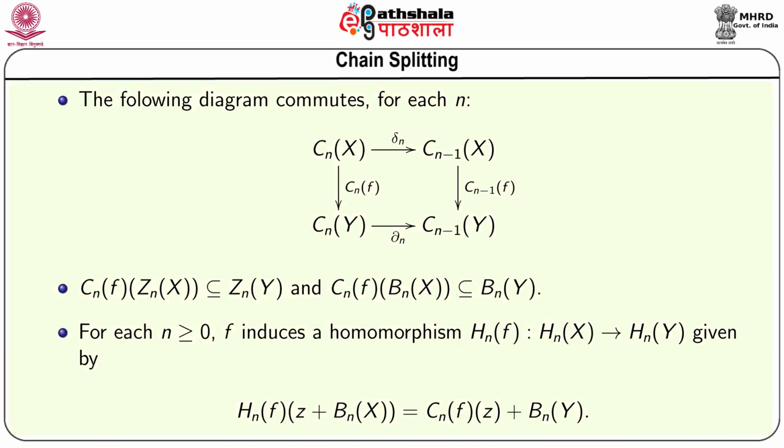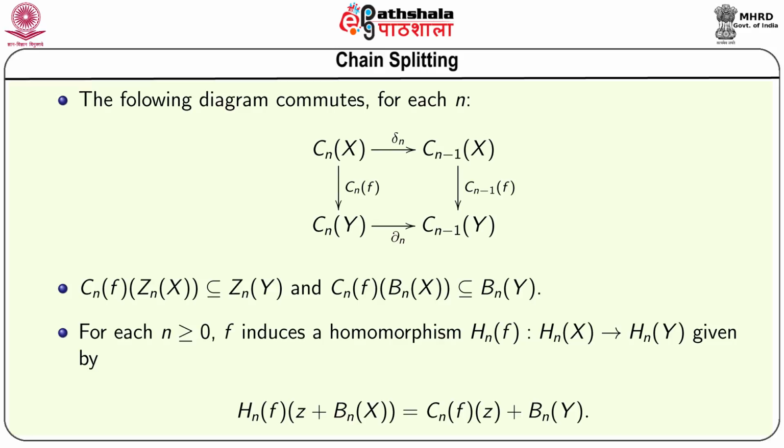It can also be seen that the diagram shown here is commutative. That means C_{n-1} f composed ∂_n is equal to ∂_n composed C_n f.